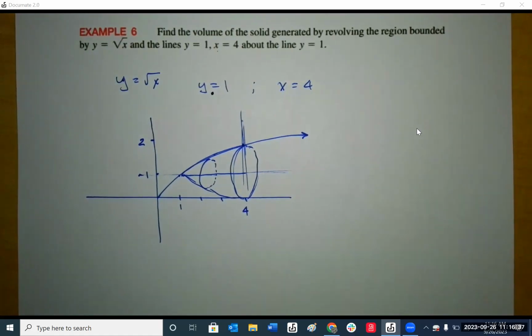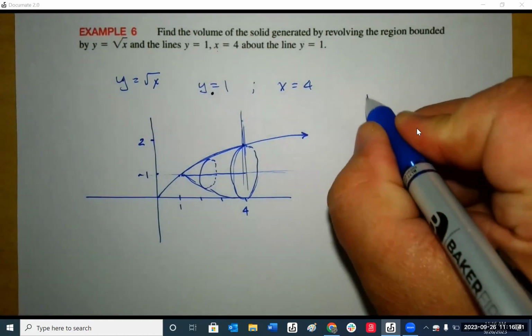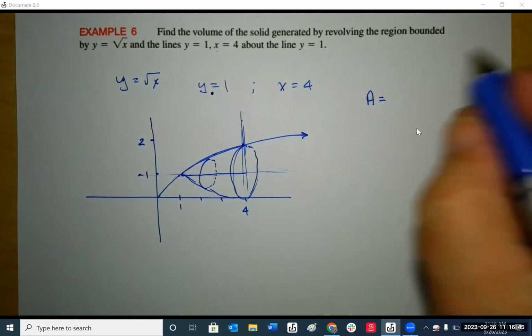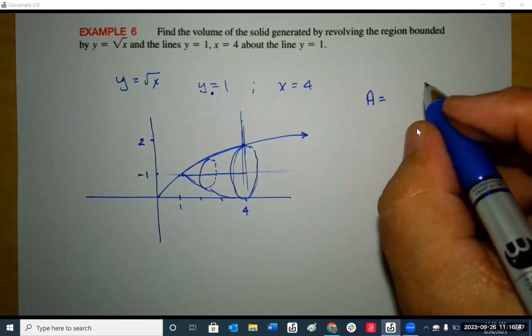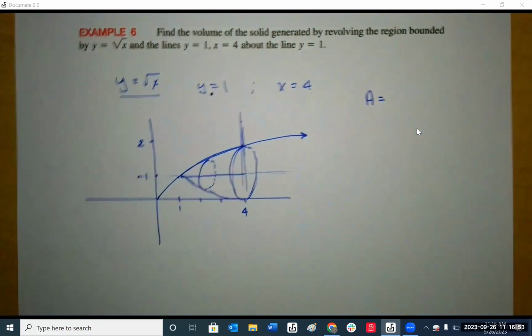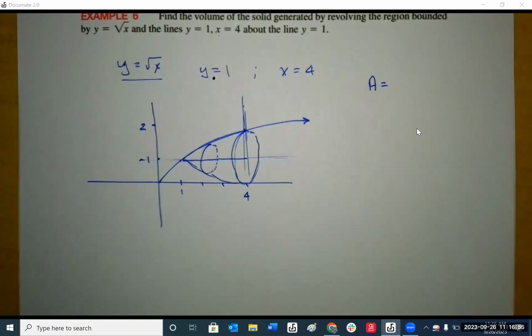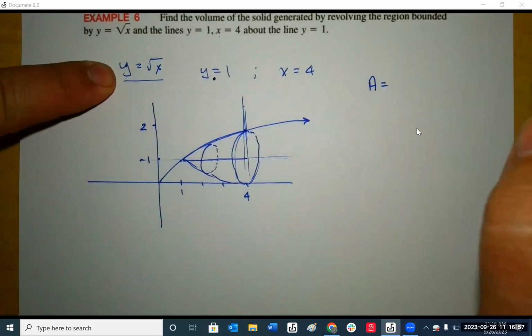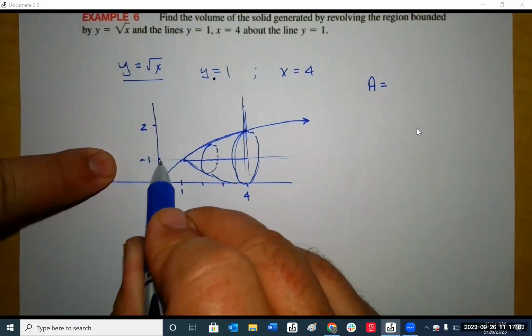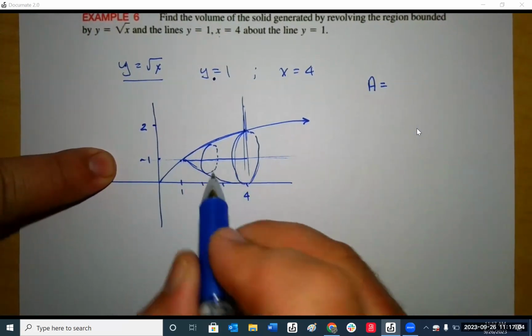All right. So what's our formula? What's our area? Our equation has to deal with that equation, but we're only up to this one.